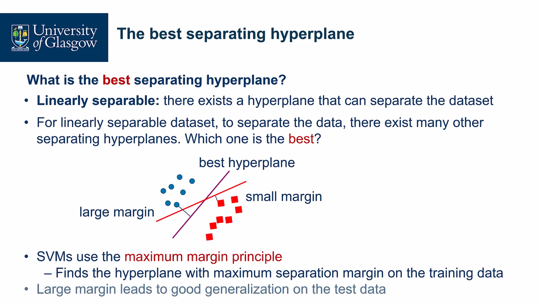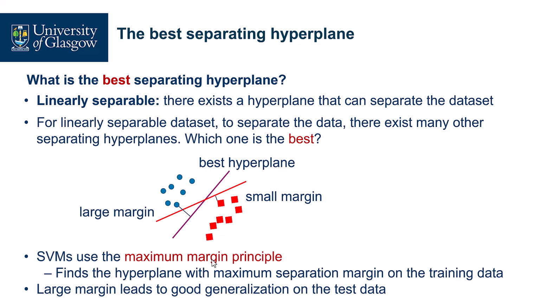So this is the best hyperplane because it has the largest margin, and that is the principle SVM uses. Through SVM training, we hope to find the hyperplane with the maximum separation margin on the training data. In this way, it has better generalization ability.